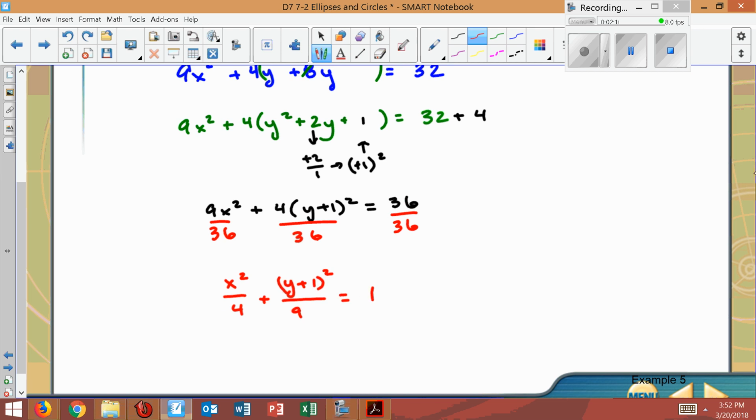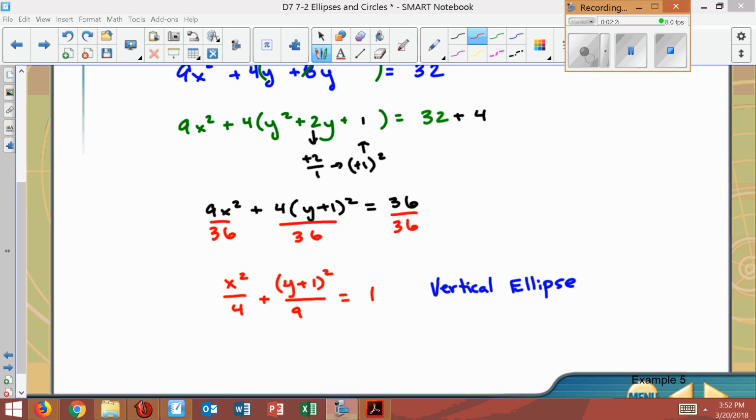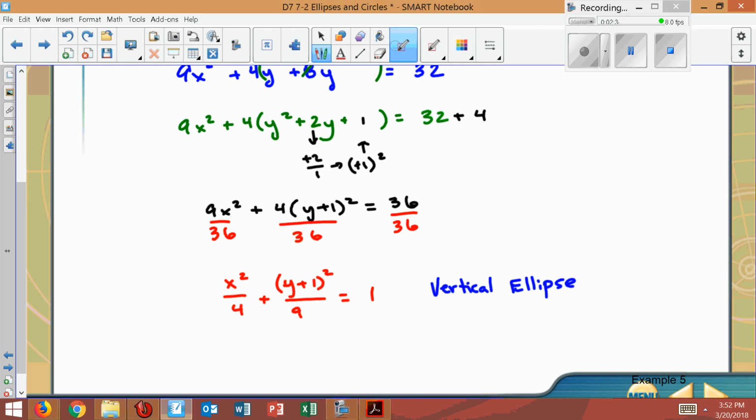This is a vertical ellipse. The reason it's a vertical ellipse is because the y value is larger, this value right there. Now, had these values been the same, this would not have been an ellipse, it would have been a circle, but they're not, so it's a vertical ellipse.